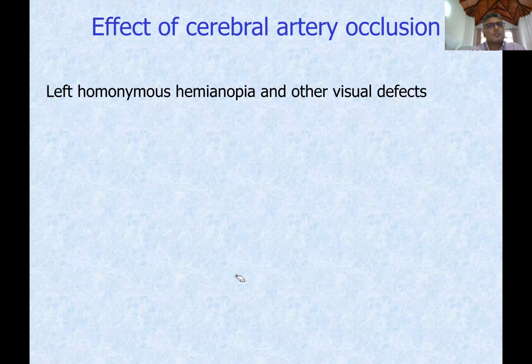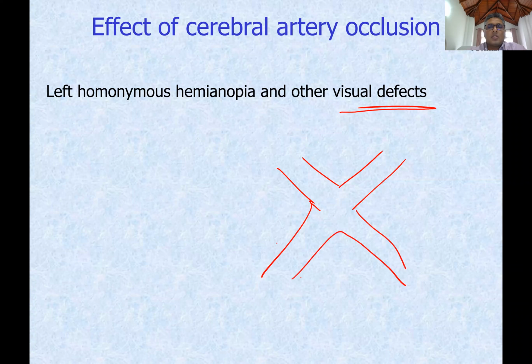Then if you get visual defects, say left homonymous hemianopia and other visual defects, they can be caused by a pathway lesion. If you have the optic nerves like this, then you have the crossing and you get the optic tracts like that.